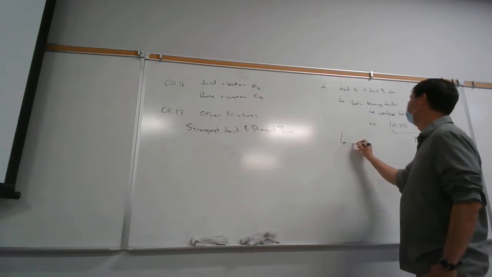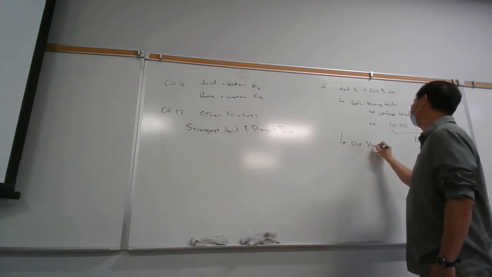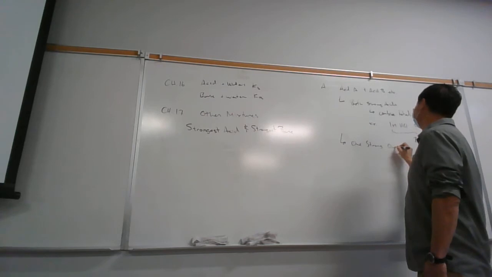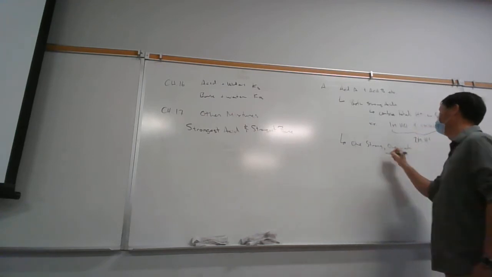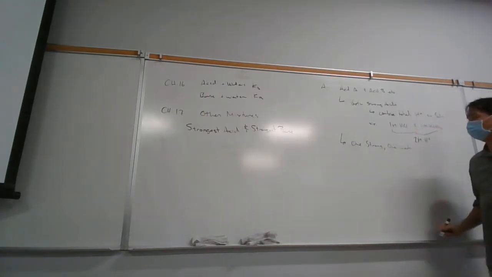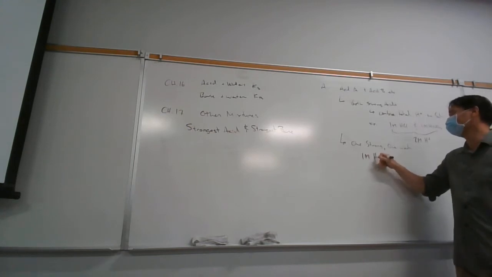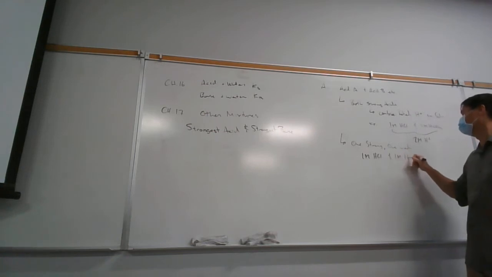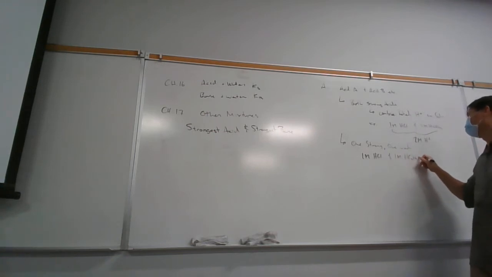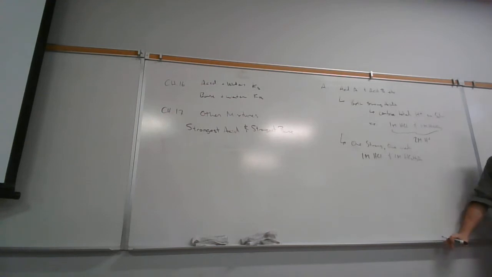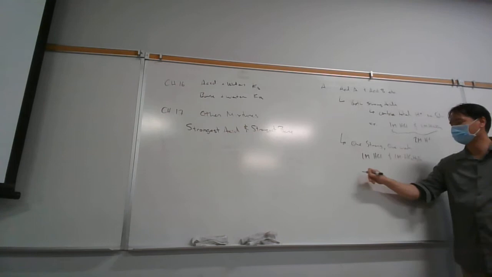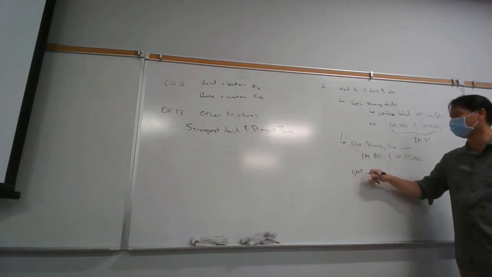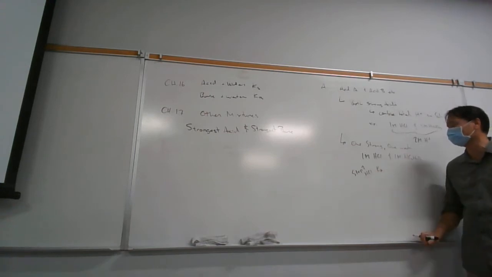All right, if one is strong and the other is weak. So let's say I had 1 molar HCl and 1 molar acetic acid, HC2H3O2. In this particular case, because of the common ion effect, we might not have to worry about the acetic acid contribution. So step 1 will be the HCl, Ka, which is very large.